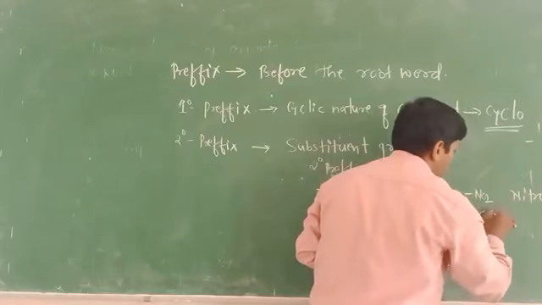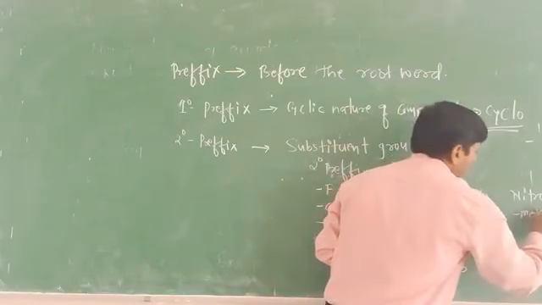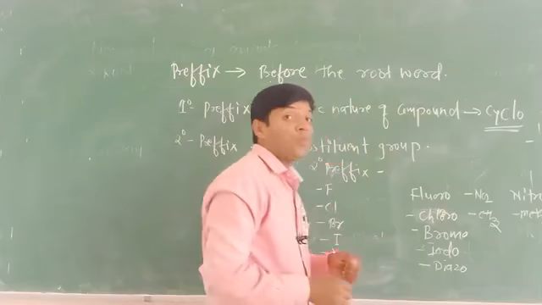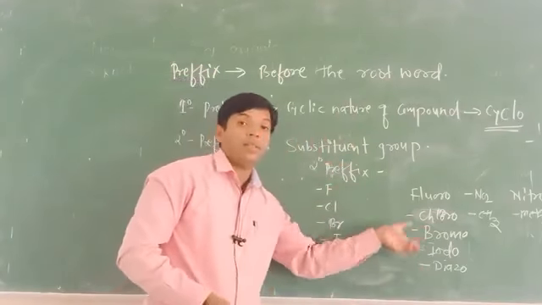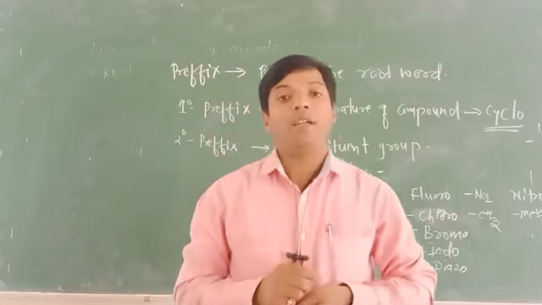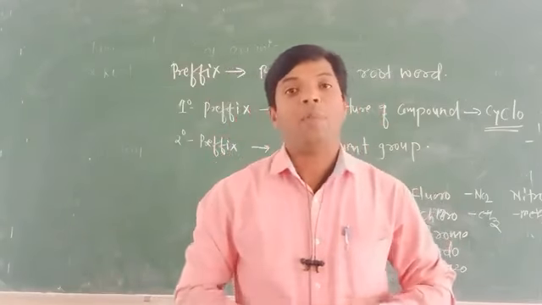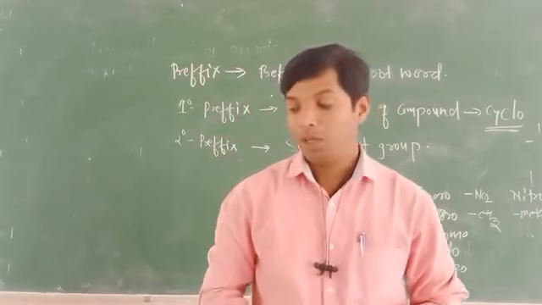If it has a CH3 group, you can use methyl. So these are the substituent groups; if present, you can use them as a secondary prefix. So the secondary prefix gives an idea regarding the substituent group.